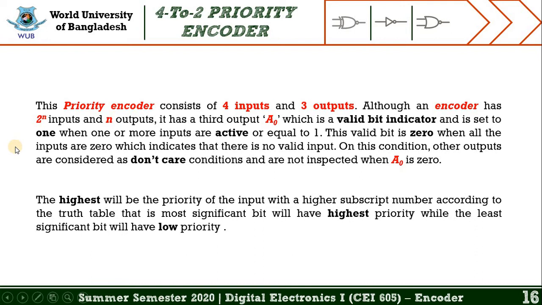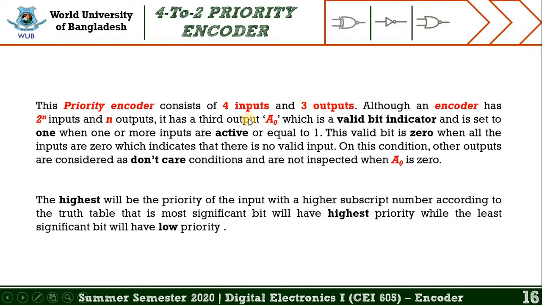Now, from this slide, we can learn an overview of 4 to 2 priority encoder. So let's start. This priority encoder consists of 4 inputs and 3 outputs. One confusion may arise in your mind.